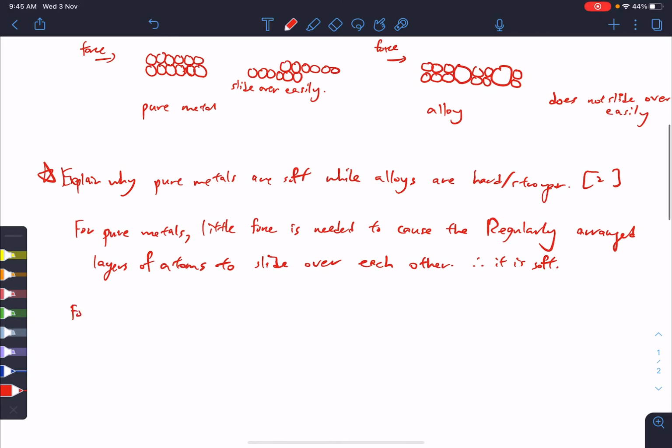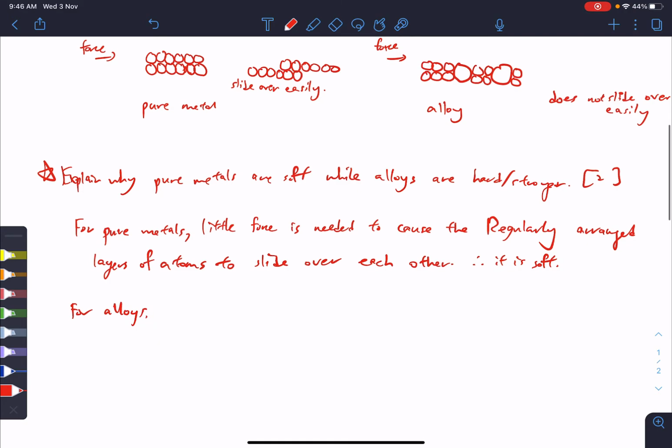However, for alloys, there are some keywords I'm looking out for. I need you to write this: atoms of different element. Is the different element the problem? Not just different element. Different element also means different size.